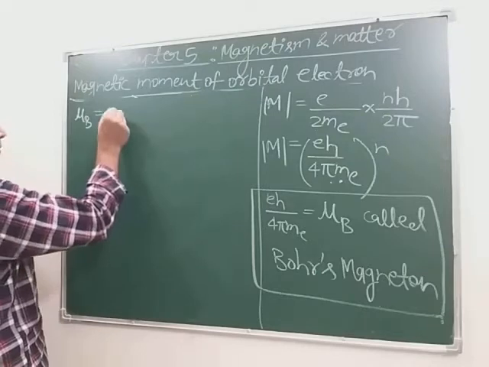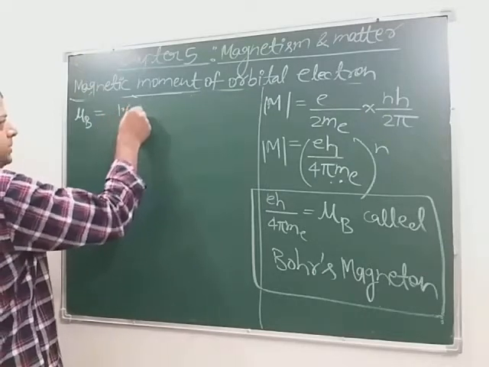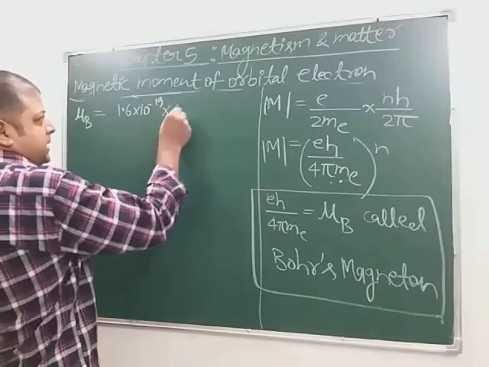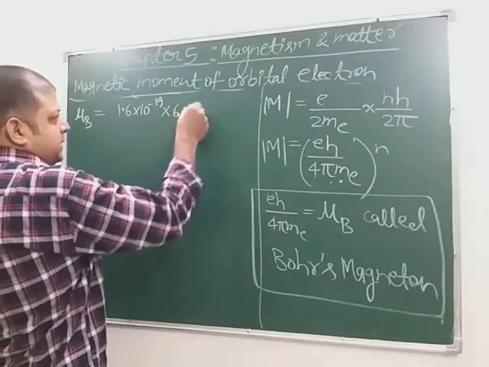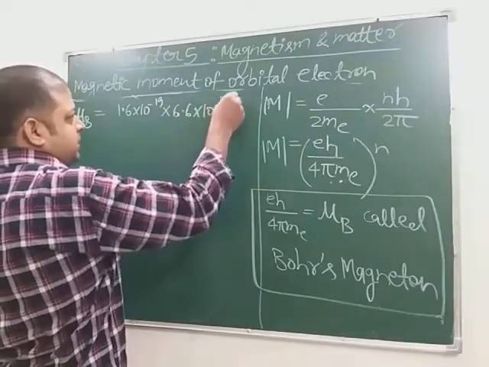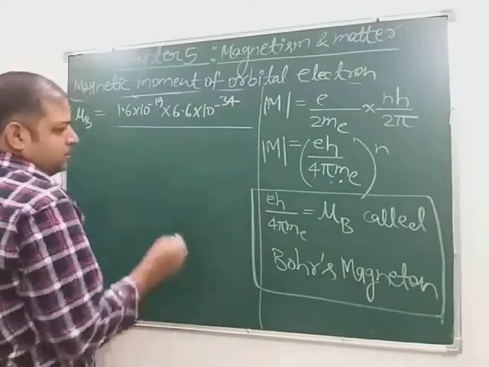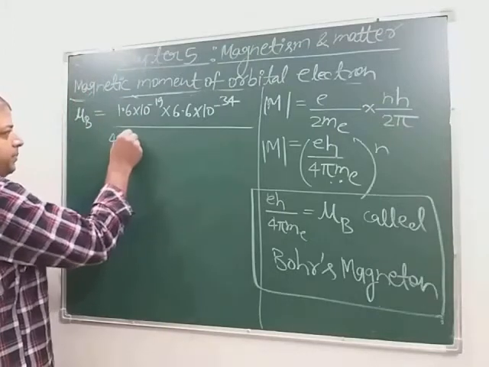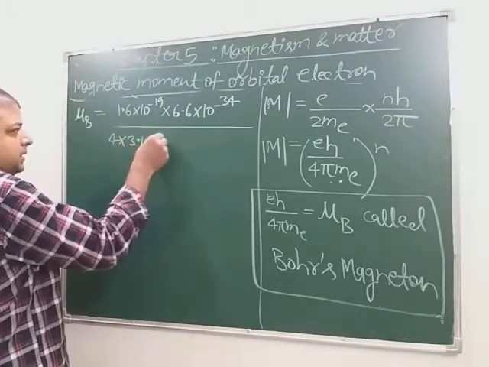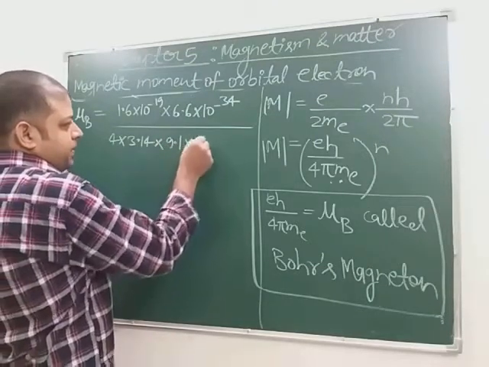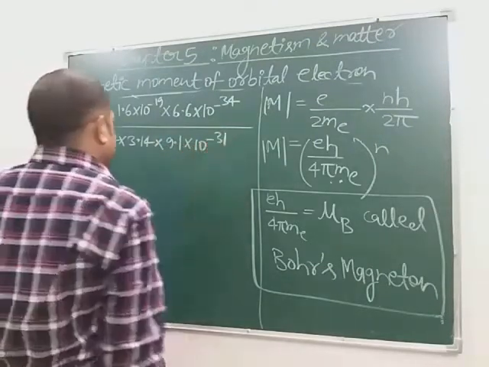Mu b is equal to e, 1.6 into 10 raised to power minus 19, h, 6.6 into 10 raised to power minus 34, the value of Planck's constant, upon 4 pi multiplied by 9.1 into 10 raised to power minus 31.